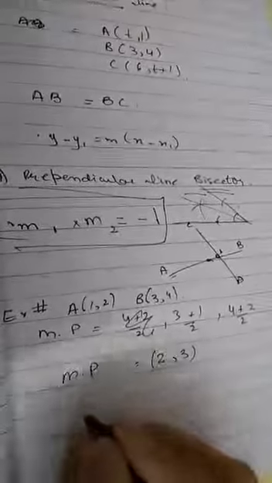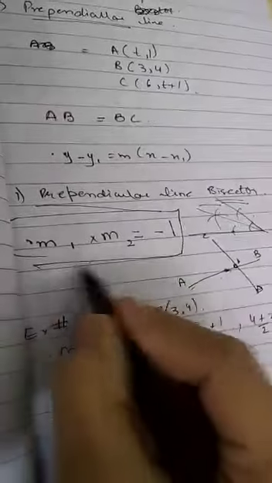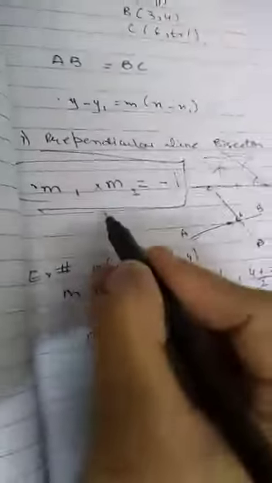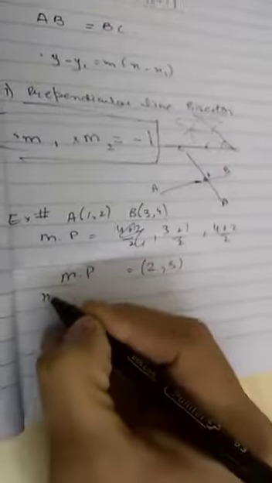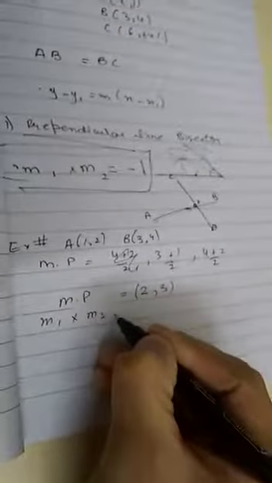Now we have to apply the formula which we studied here. We will apply the formula m1 times m2 is equal to minus 1.